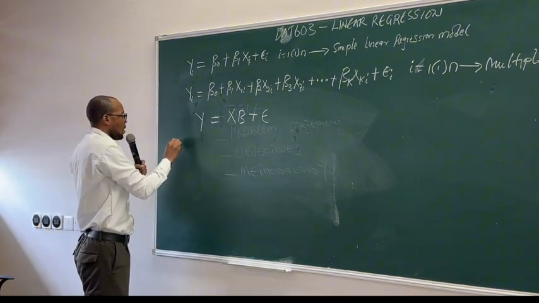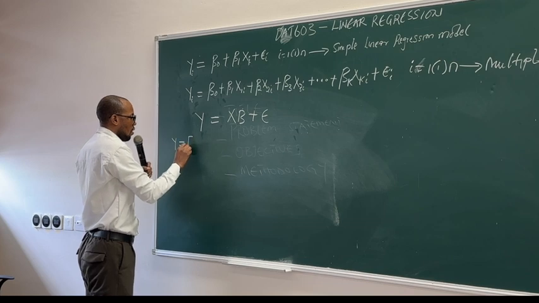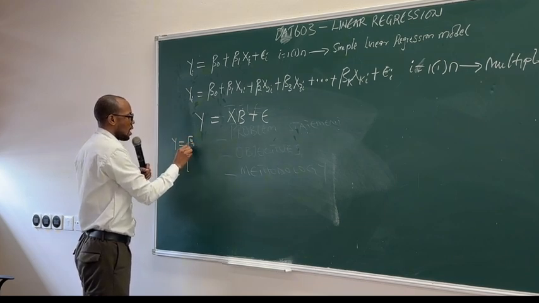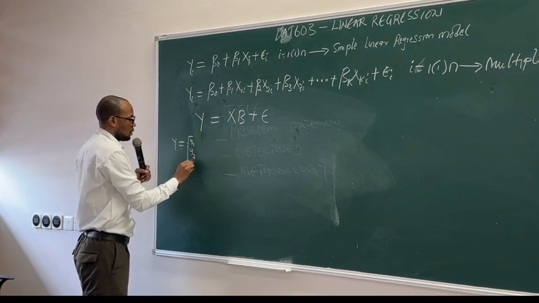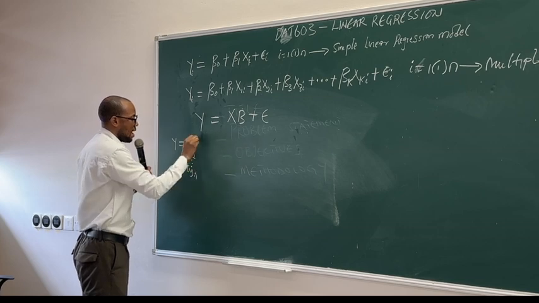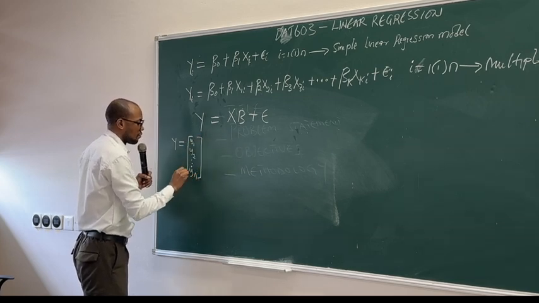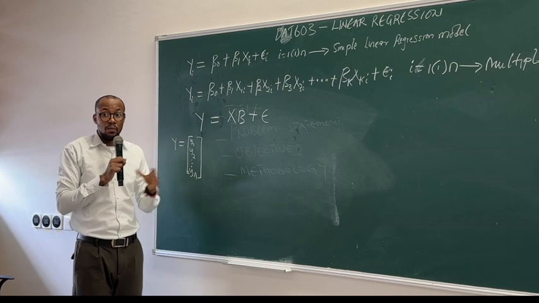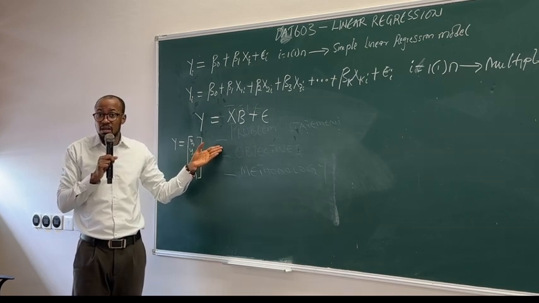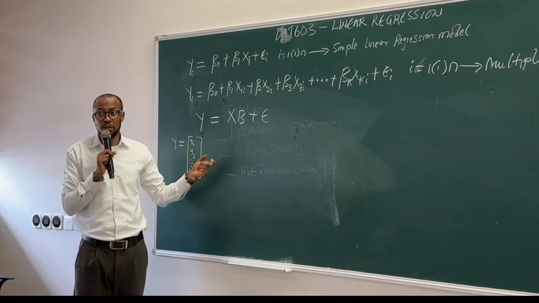Now, y will be a vector of response: y1, y2, down to yn. So y is a vector of response because now we're dealing with matrices.